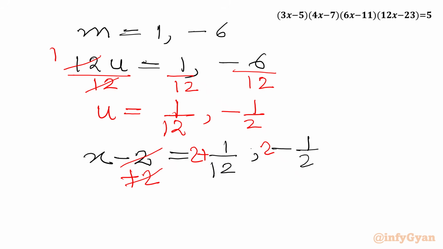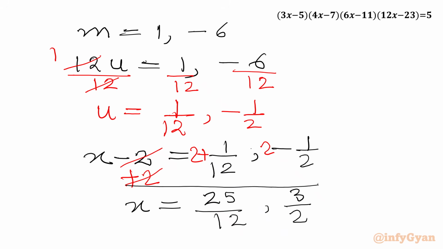Minus 2 plus 2 will get over. We will get x equal to 2 plus 1 over 12, which will become 24 plus 1 is 25 over 12. And 2 minus 1 over 2 will become 4 minus 1, which is 3, denominator will be 2. So we have two real values of x which will satisfy our equation.